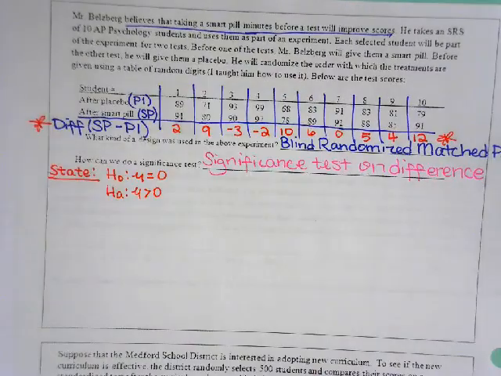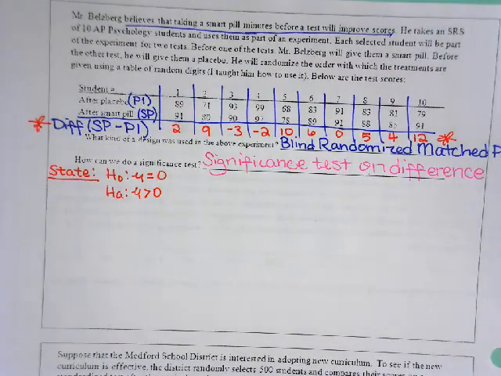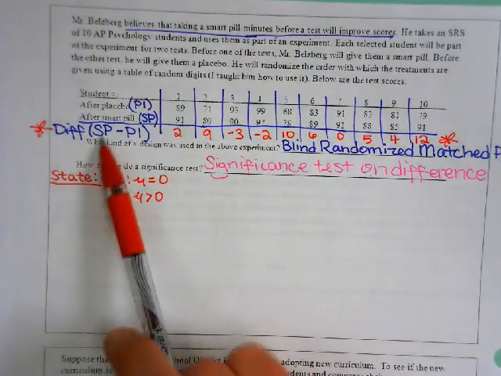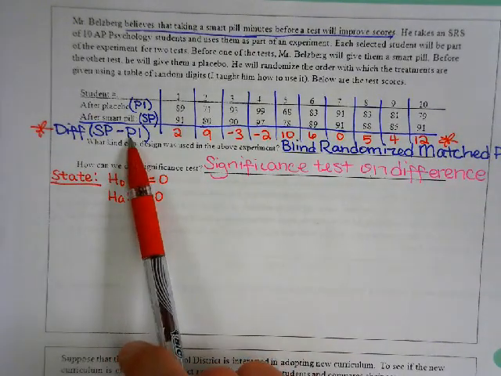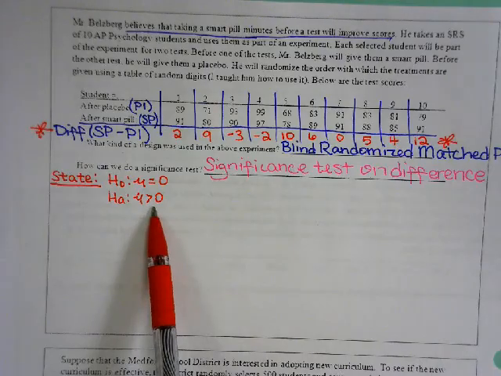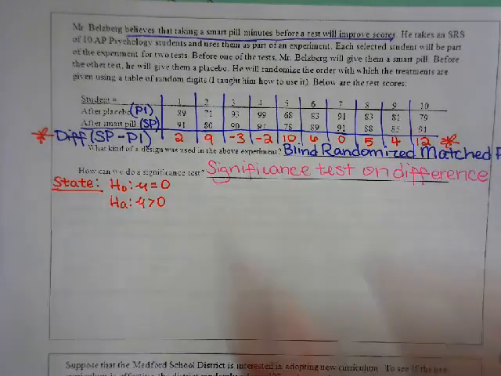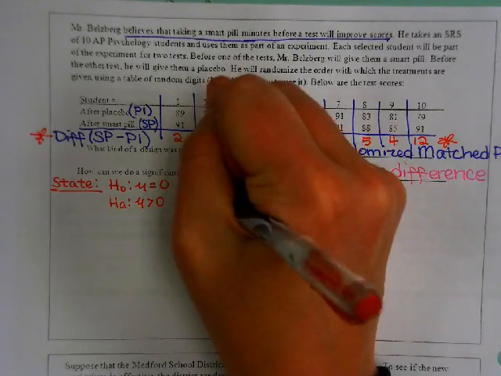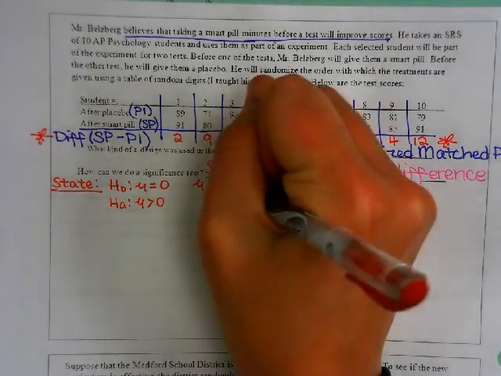If you did placebo minus smart pill, your alternative would be that mu is less than 0. Then we're going to define mu. So mu is the true average difference in test scores.